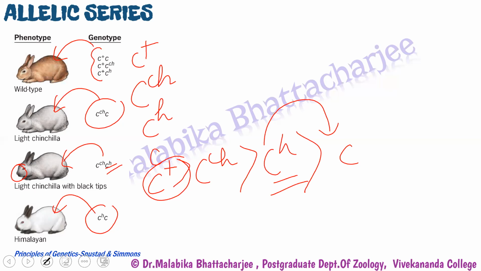So as you can assume, when we have an allelic series, it is important to understand which is the dominant allele, and depending on how the dominance hierarchy is, the different phenotypes are accordingly exhibited.